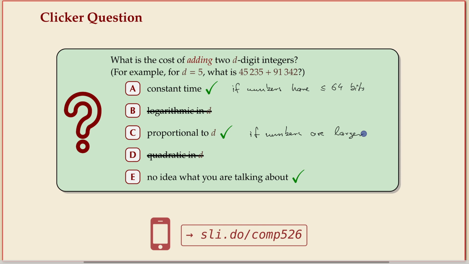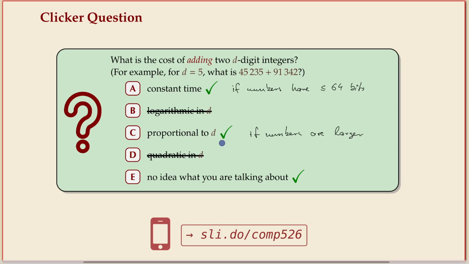But if you write a program that always just uses numbers with at most 64 bits, the first answer is what you'll see. And the last is of course correct, but we'll try to fix that.